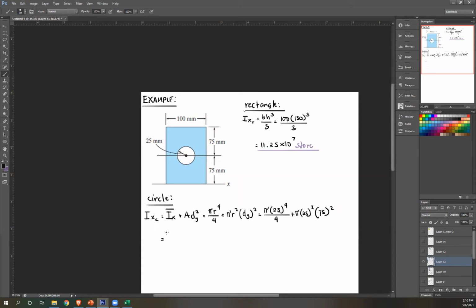Some of you did square instead of raised to 4, so that's kind of common. So it's 11.35. By the way, you can just write in scientific notation if you want, since the answer is very large. So who wrote 11.35?